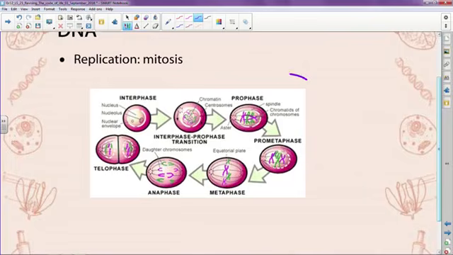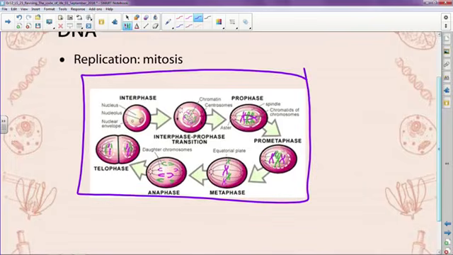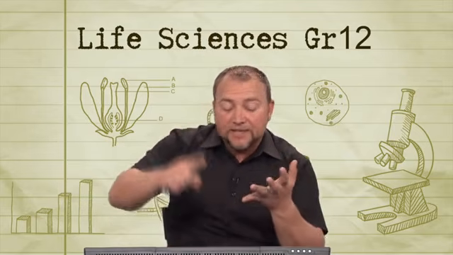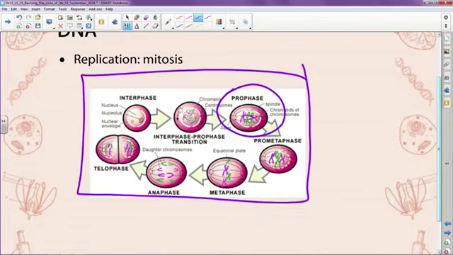This is the process of mitosis. You remember you get your interphase where the cell grows up and becomes normal size. Then you get to your different phases, which you need to know off by heart. So you get your prophase, metaphase, anaphase, telophase. Your prophase is where they start linking up with their pairs.